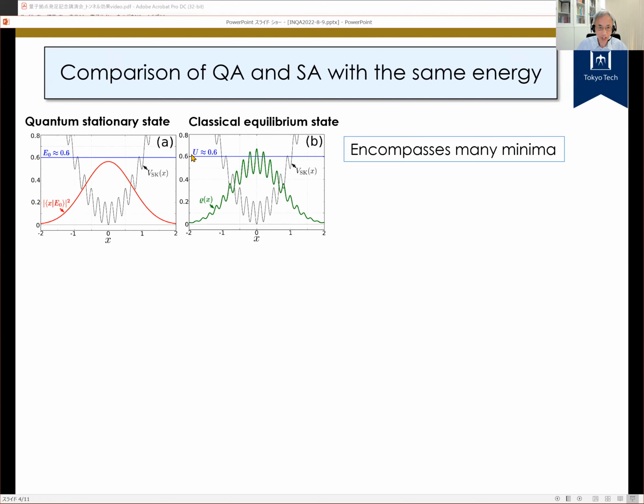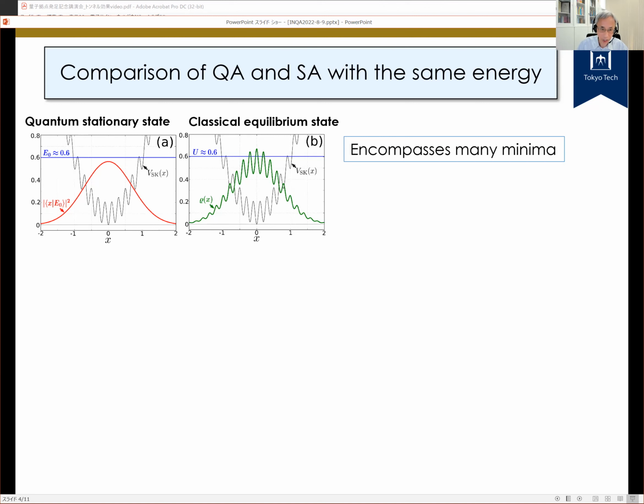And at the same internal energy 0.6, the classical Boltzmann distribution has this distribution. Apart from some small structure, both of those probability distributions encompass many minima.